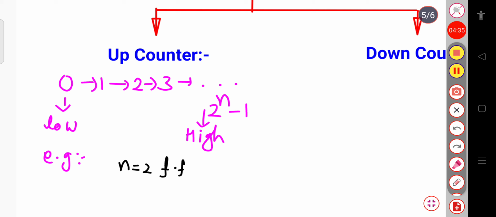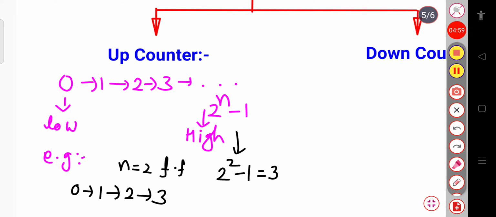When n equal to 2 flip-flops you are using in a counter, then it will count up to 2 power 2 minus 1, that is 4 minus 1 equal to 3. It means that it will start from 0, then 1, then 2, then 3. That is 2 power n minus 1, equal to 3. It means that the up counter will count from 0 to 3 if two flip-flops are used.